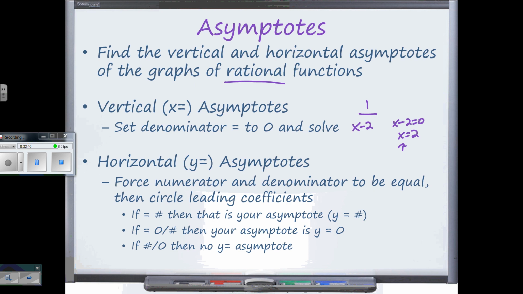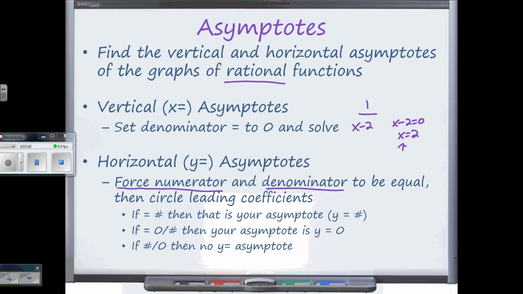When it comes to y equal asymptotes, there's a little trick I've learned, and that is to force the numerator and denominator to be of equal degree. Then circle the leading coefficient, okay?